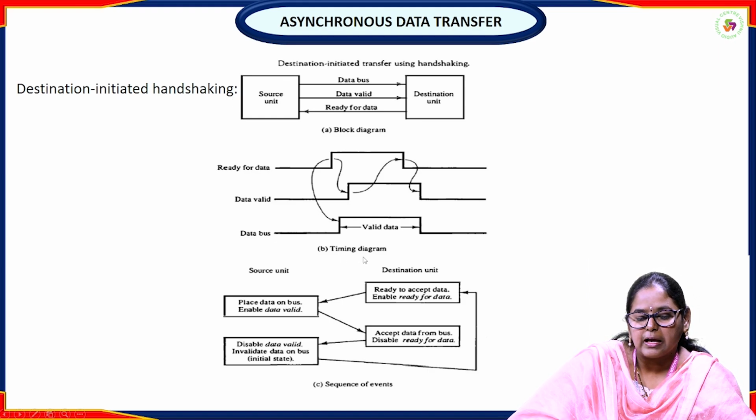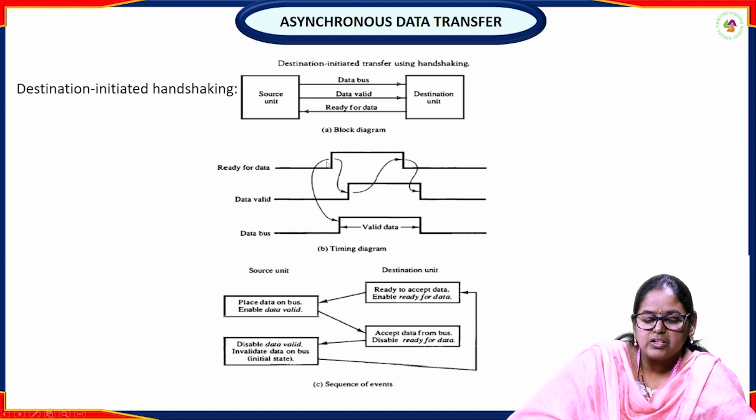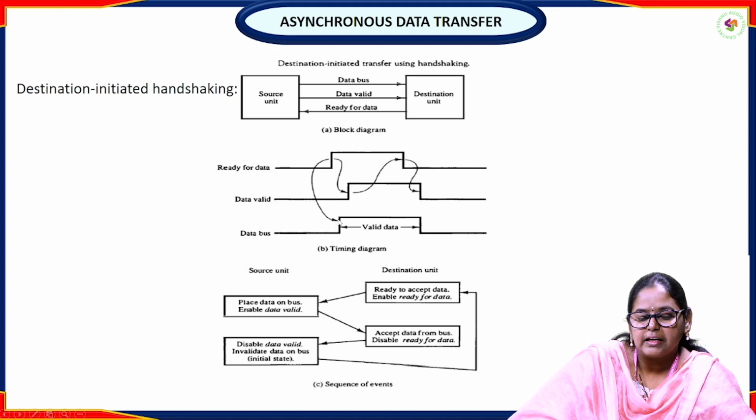And when you see the timing diagram, you can see the destination unit first enabling the ready for data, which the source unit keeps watching. See the arrow, you can see it over the figure. After enabling the ready for data, the source places the valid data over the data bus, and then enables the data valid line.